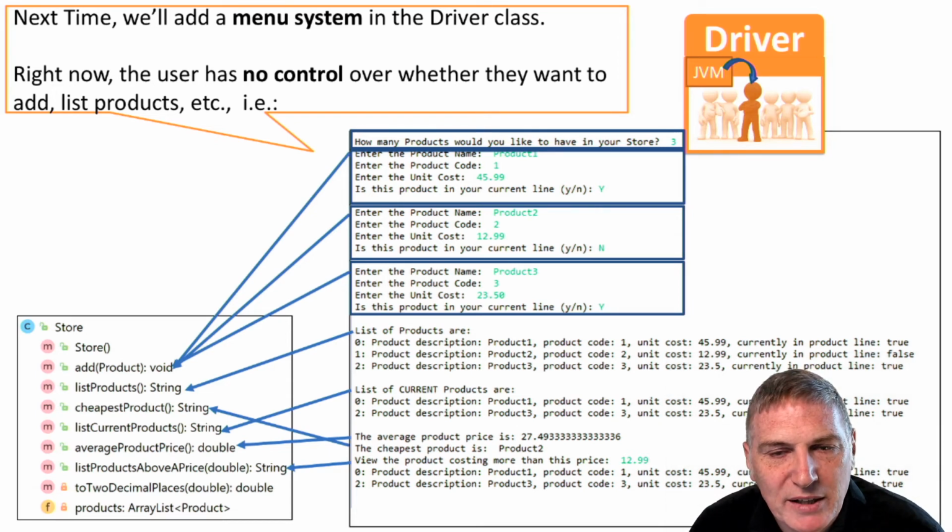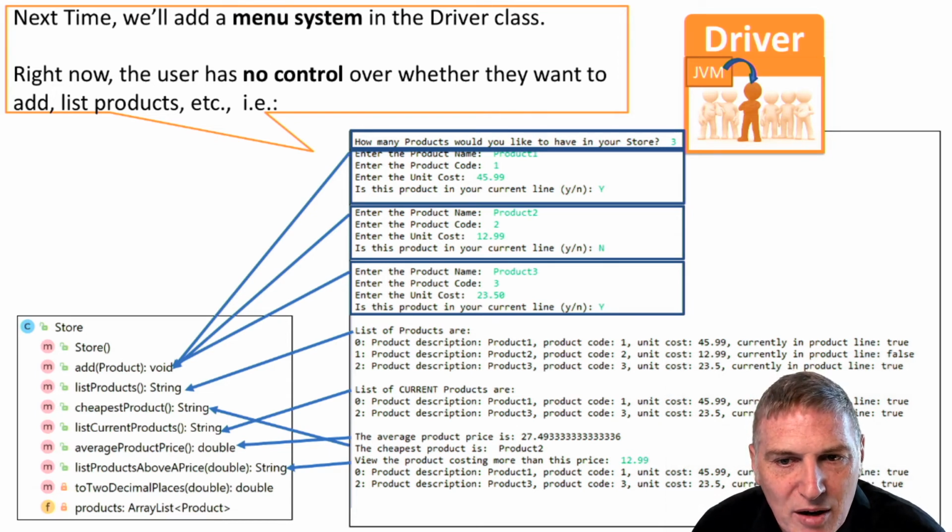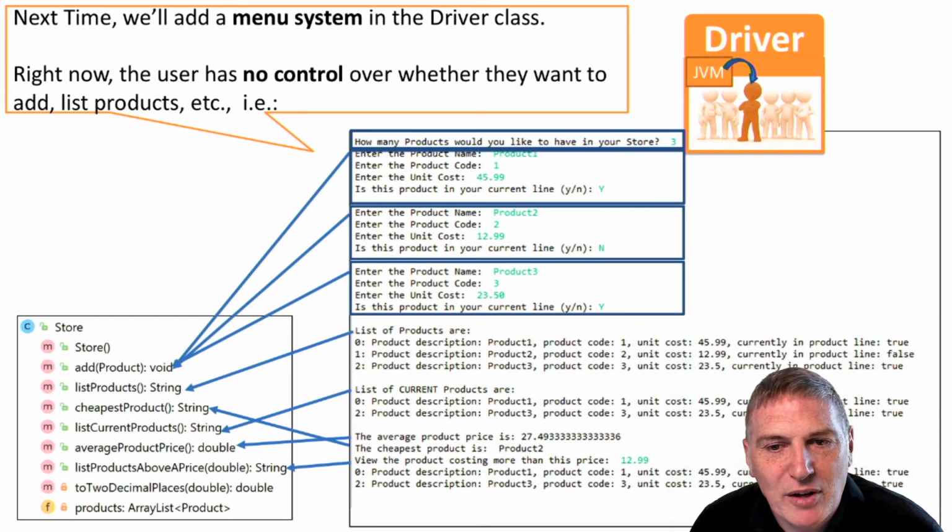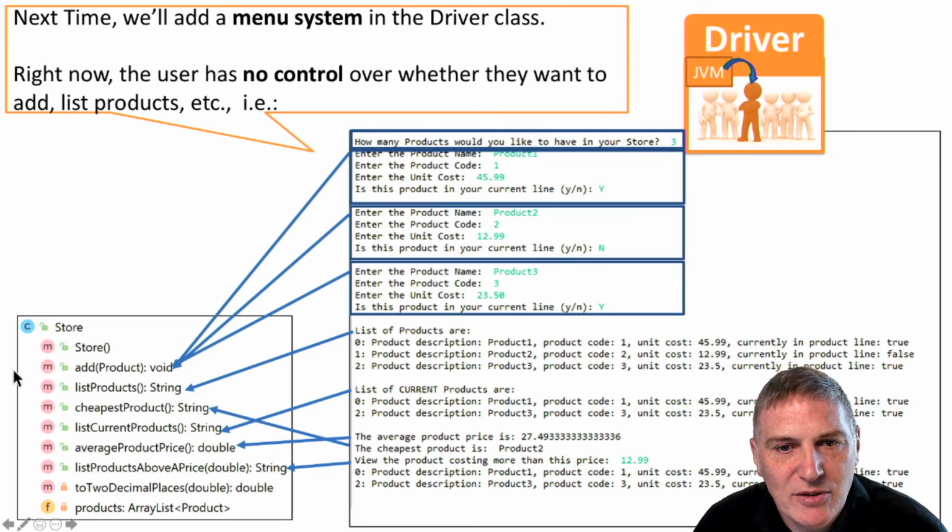But where we're going is you might want to list out the current products, the average price, the cheapest product in the list. Or you might want to view products costing more than a certain price. So we need to have a system that will enable us to call the functionality that we need. And that's going to involve building some kind of menu system. We're going to see that in next week's class.